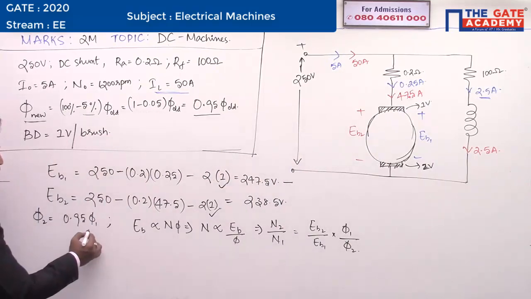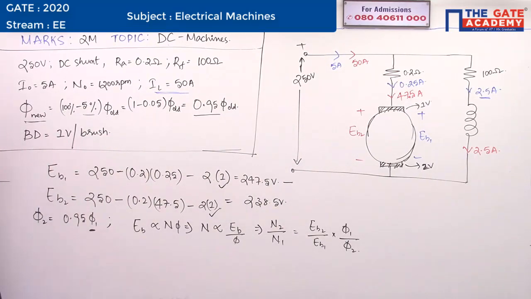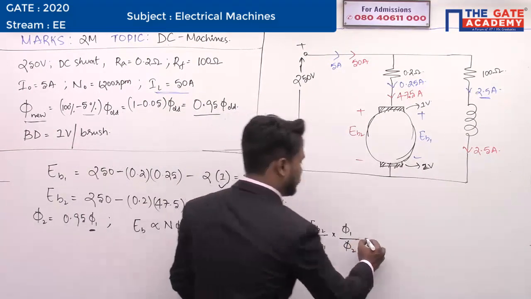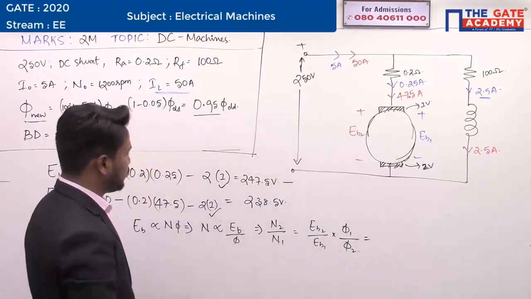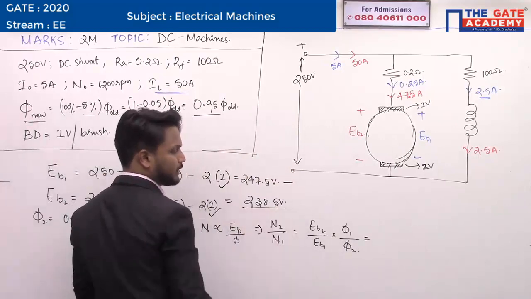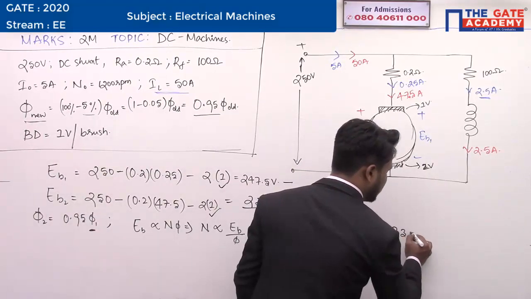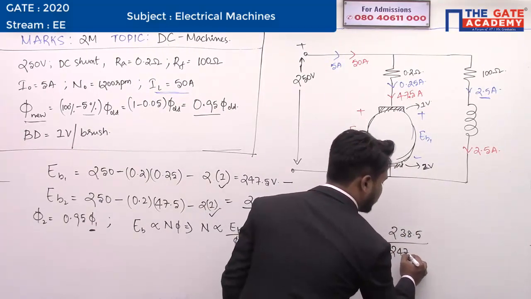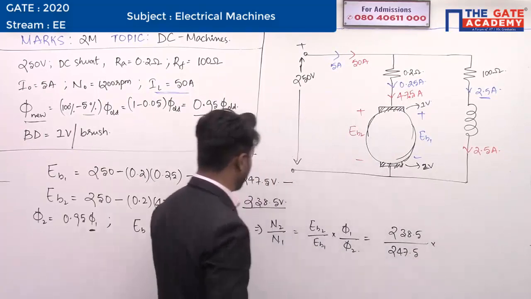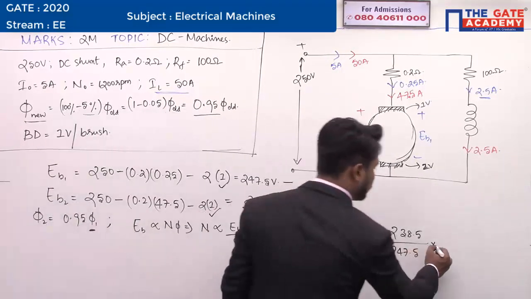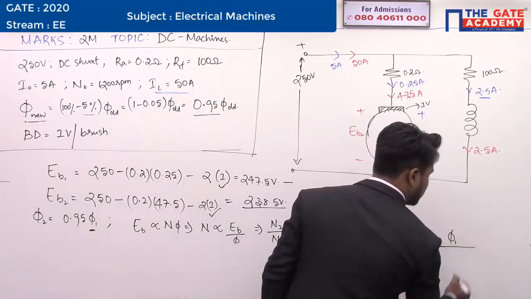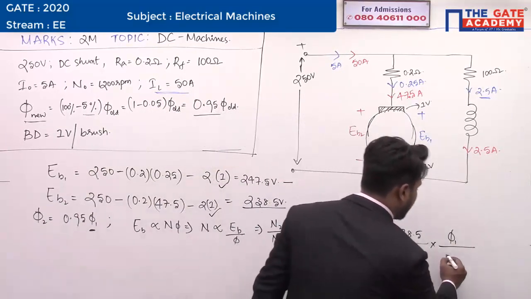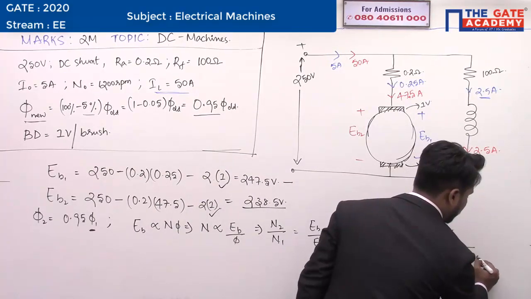Phi 1 by phi 2 is simply 1 by 0.95, right? See, I am writing the values also here. The value of EB2 is 238.5 volts divided by 247.5 volts multiplied by phi 1. Now the second flux is the modified flux, that is 0.95 phi 1. You'll write 0.95 times phi 1 here.